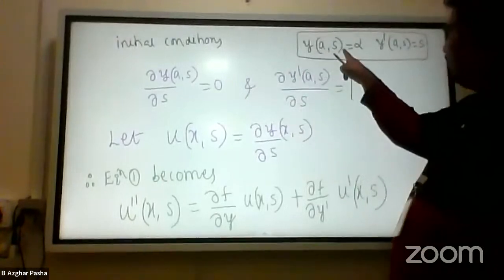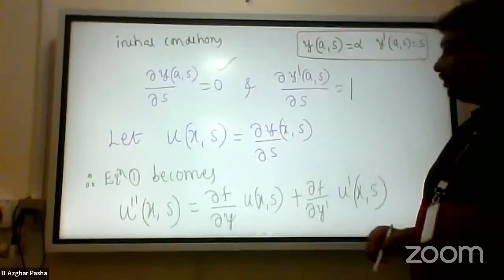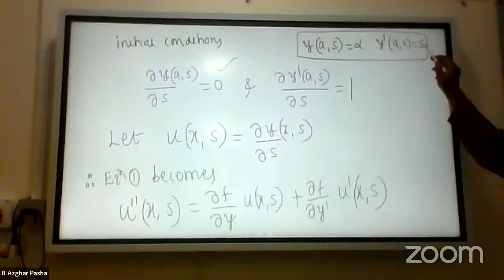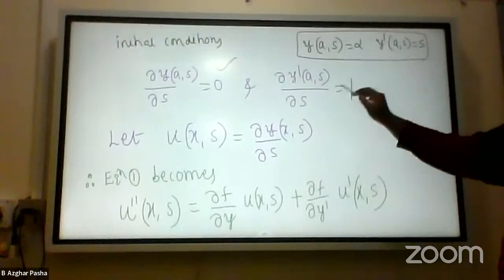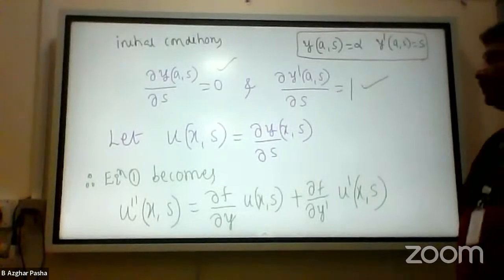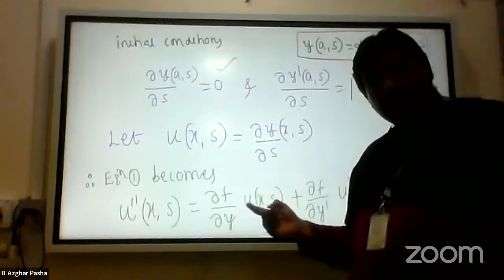So dou by dou s of y, alpha is a constant, this is 0. And here y dash is s, so its derivative with respect to s is 1. 0 and 1. Now I'll define a new variable.